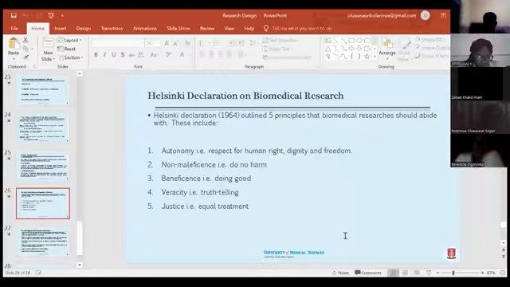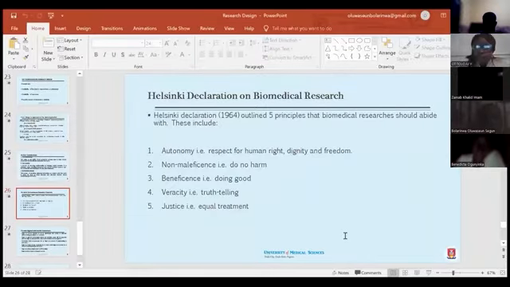Autonomy talks about respect for human rights, respect for human dignity, respect for human freedom, and your study, whether experimental or non-experimental, must not harm the respondents.